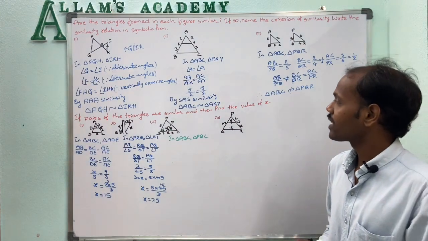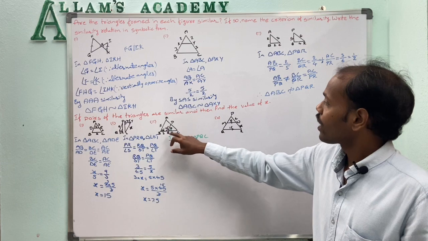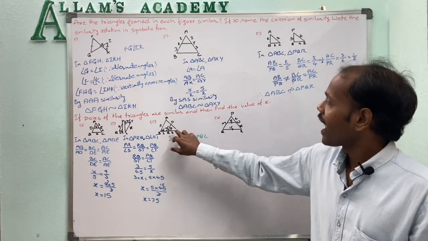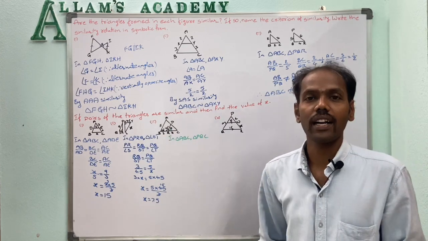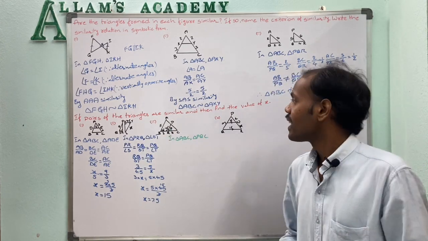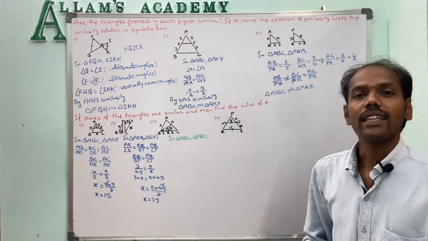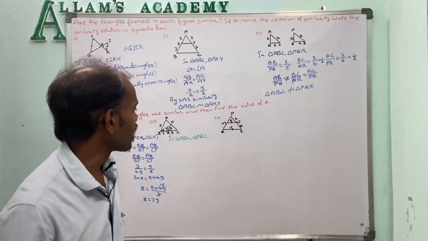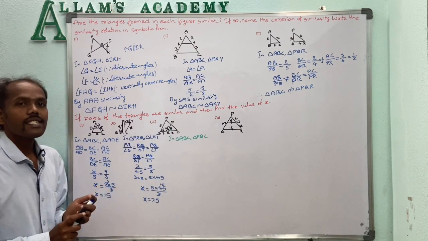So now angle B equal to angle Q. Angle C is common, angle B and angle Q are corresponding angles equal. That means the remaining angle A and angle P are also equal. So by AA similarity, these two triangles are similar.